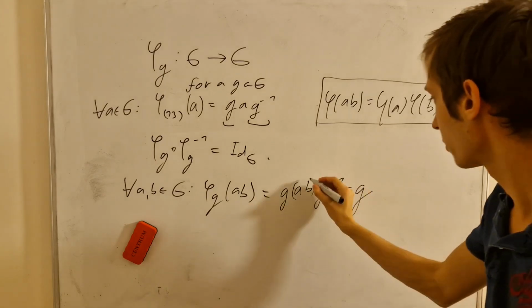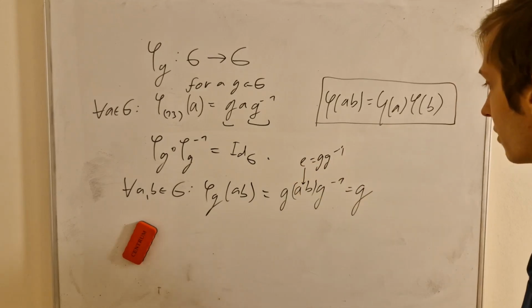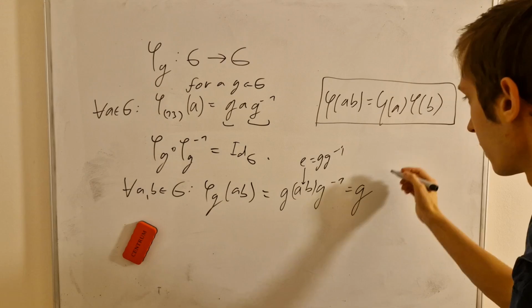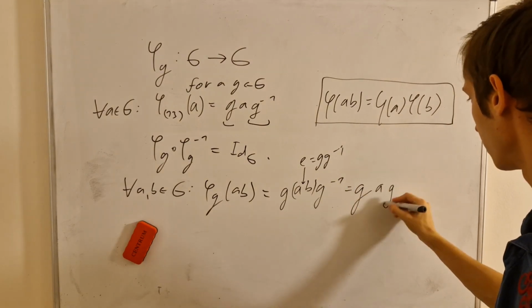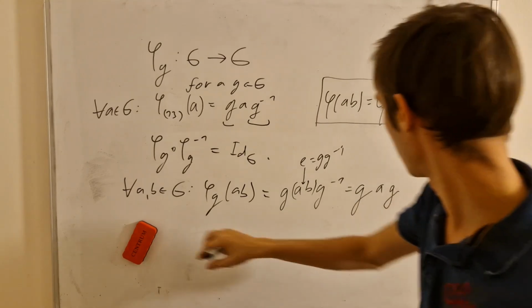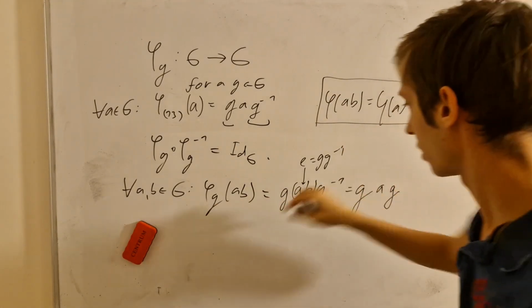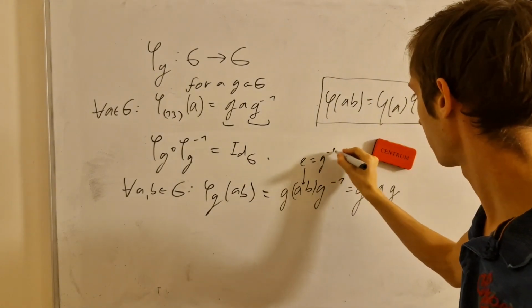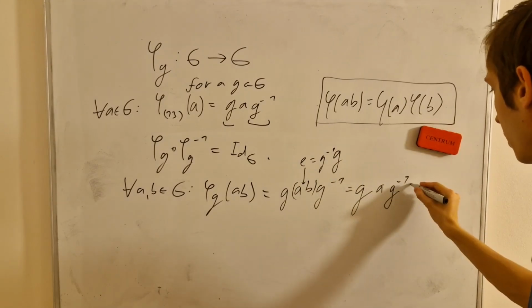Well, I can put an E equaling G inverse G right here. So G A G inverse, G again.